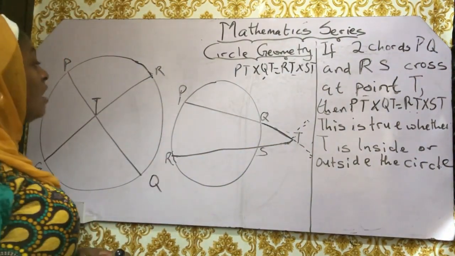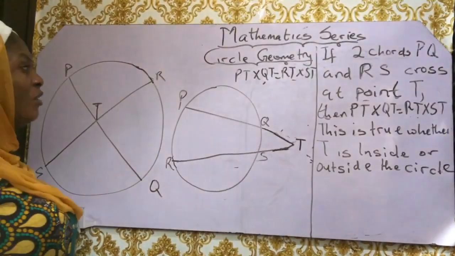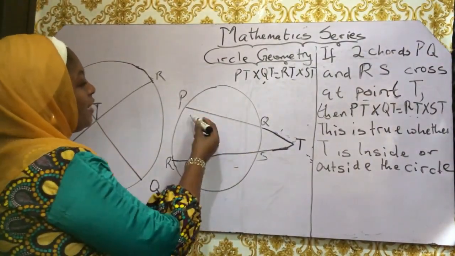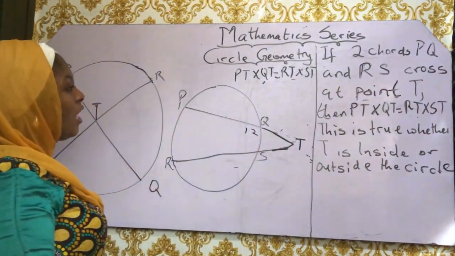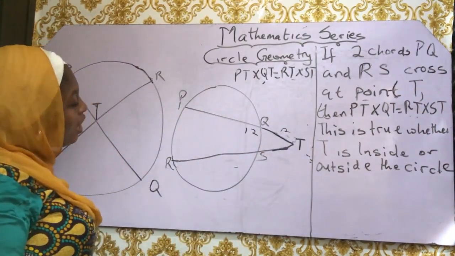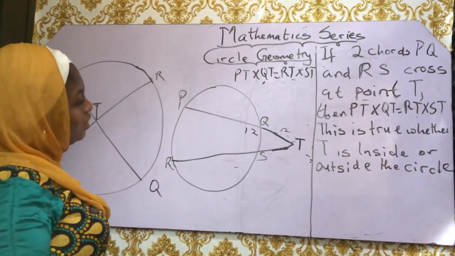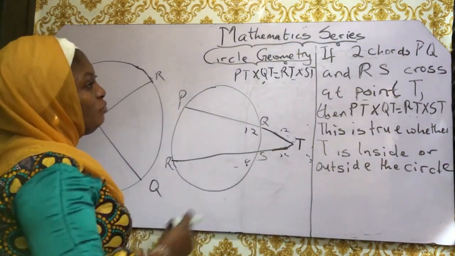Let's see an example of what we are talking about. Let's say PT is 12, QT is 2, RT is 8, and ST is unknown.